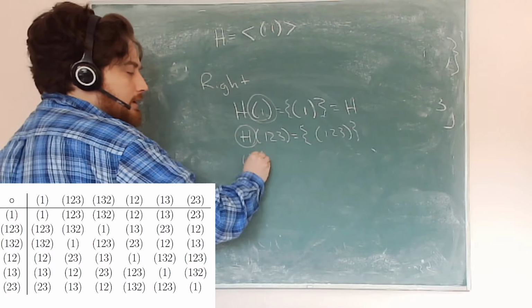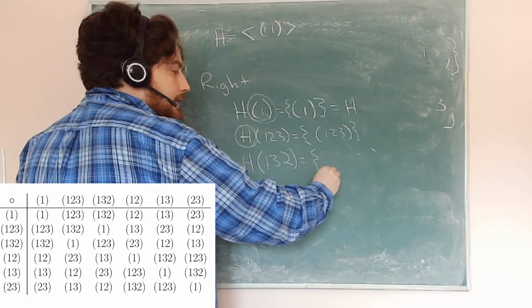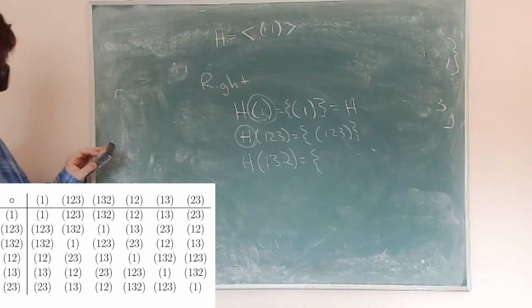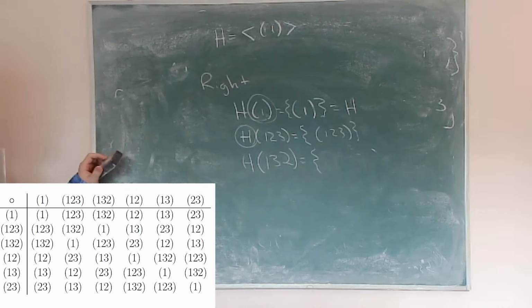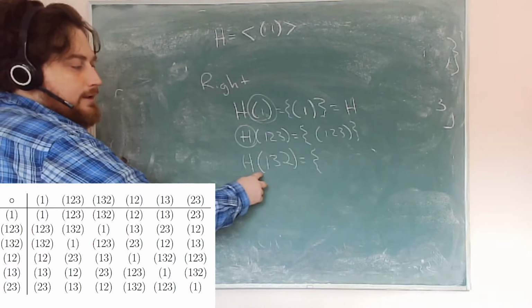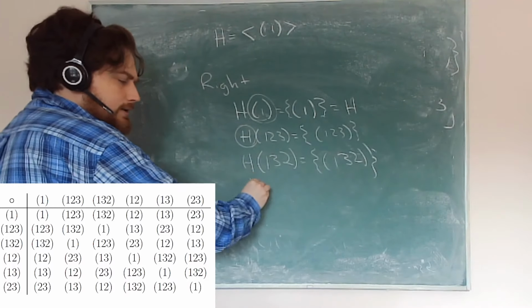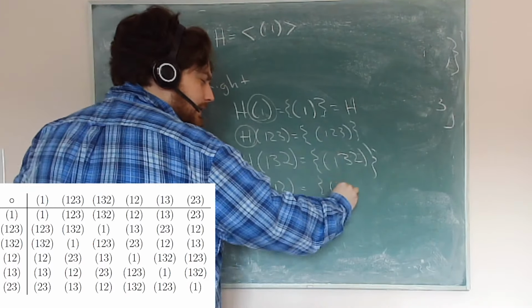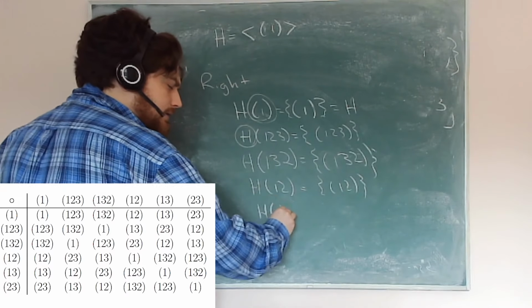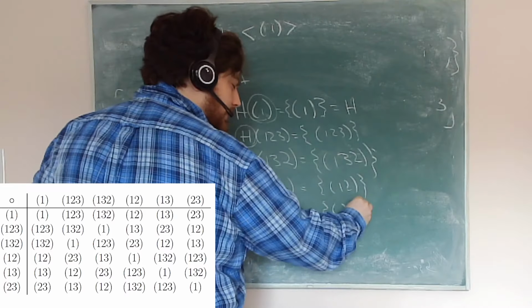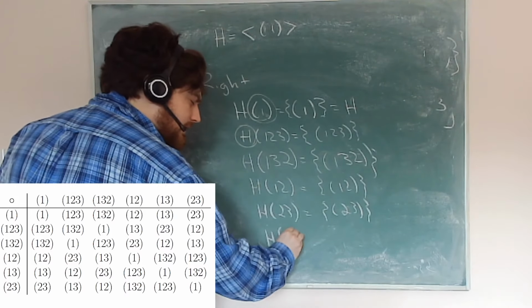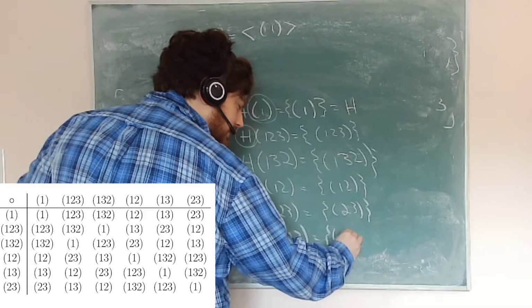All right. What is H(1 3 2) going to look like? Can you guys help me out with that one? Well, this is just the identity. So the identity times (1 3 2) is just (1 3 2). And H(1 2) is (1 2), H(2 3) is (2 3), and H(1 3) is (1 3).